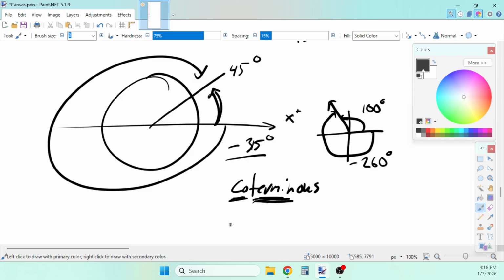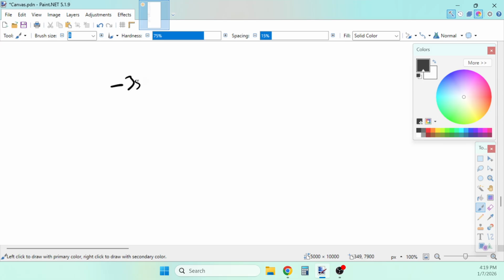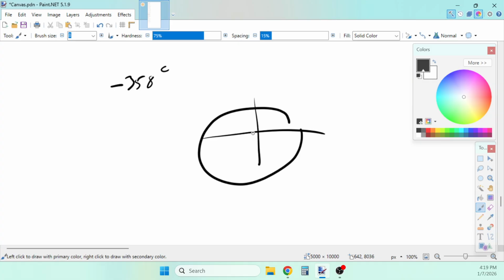So if I'm asked, like in this question here, it says we have an angle of negative 358 degrees, and I want to find one that's coterminous. So negative 358 means I rotate this way, 358 degrees in the negative direction.